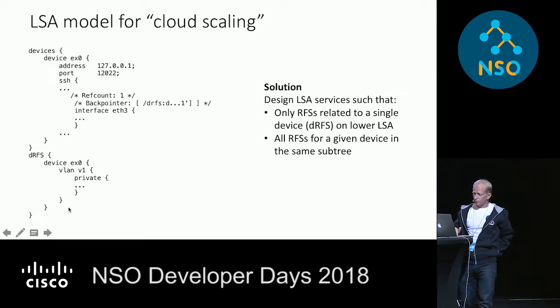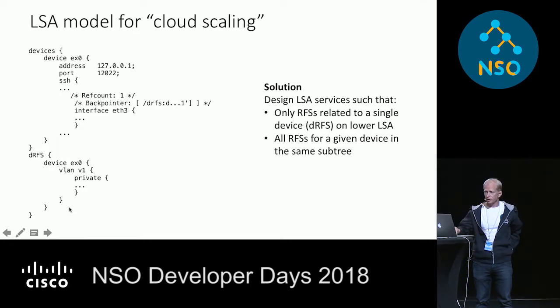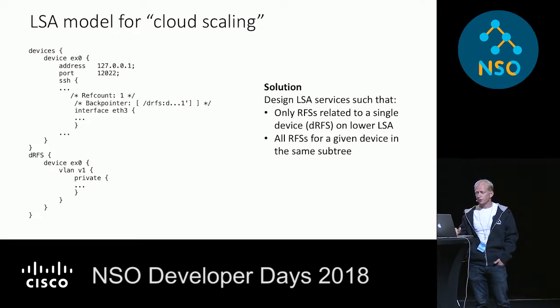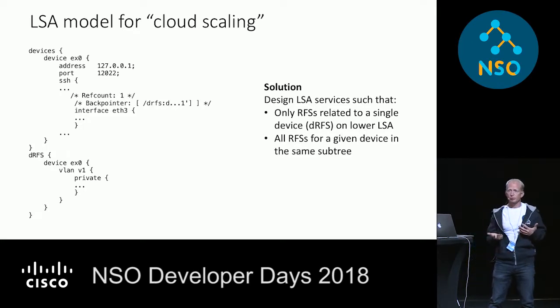So we came up with a design where we have just the ordinary device configurations. And as you see here, what we have that you typically don't look at when you look at device configurations, because it's not there by default, but you have to use a pipe flag, is that everything that a service has touched in your device configuration has a back pointer pointing to the service that created and owns that piece of configuration on the device, and it has a ref count.